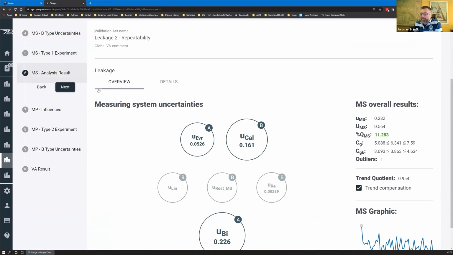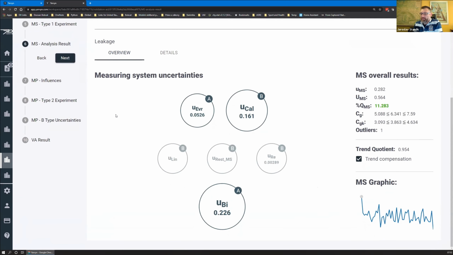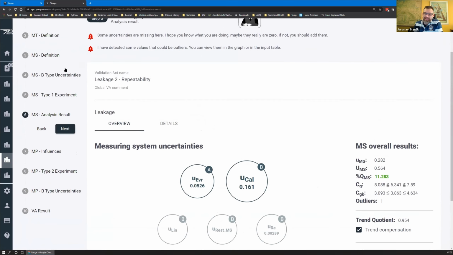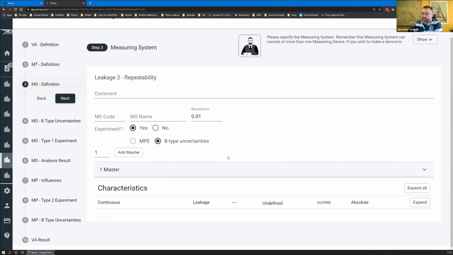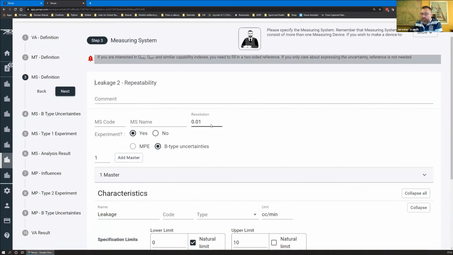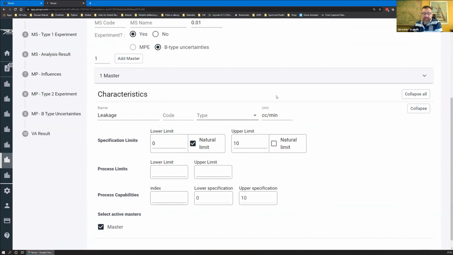And I will end up with the resulting uncertainty. And in this case, I can actually put in the specification limits. And that is the difference between the first case and the second case.